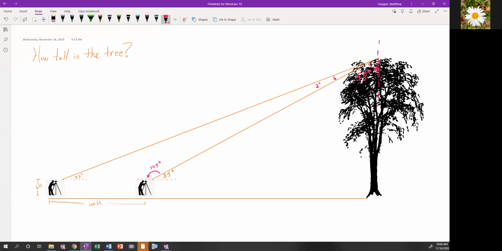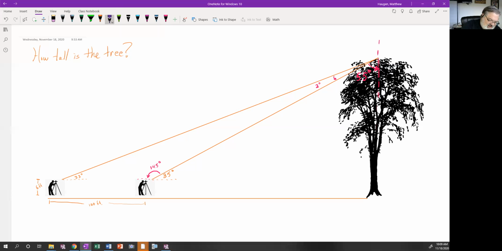Finding the sides of the tree, like how tall the tree is. By doing what? Well, just in case it helps, let's label some of these.